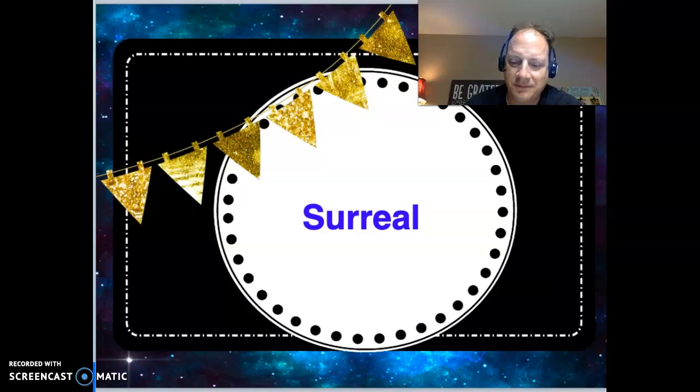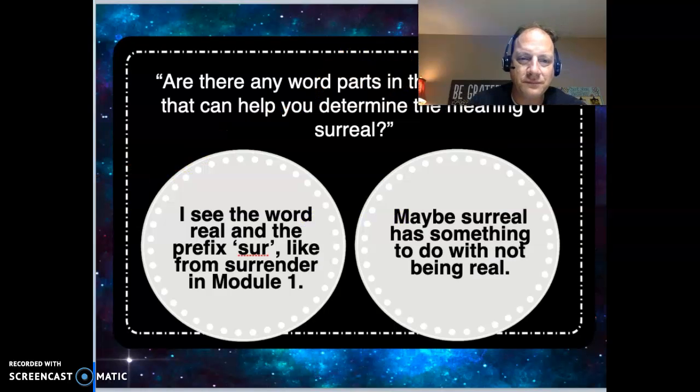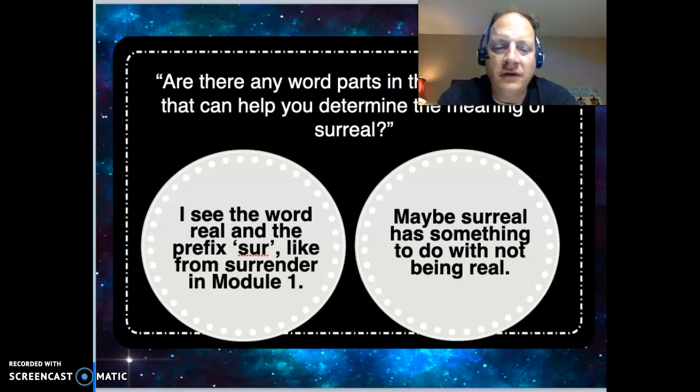Okay, surreal. So we're looking at the word surreal. Are there any word parts in the word surreal that can help you determine the meaning of surreal? So I see the word real, and I see the prefix sur, S-U-R, like from surrender that we saw in Module 1 of Thunder Rolling in the Mountains.